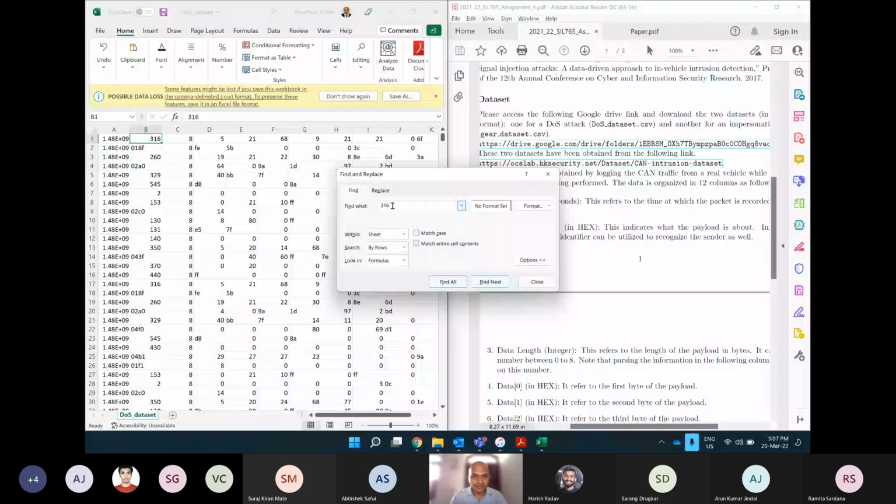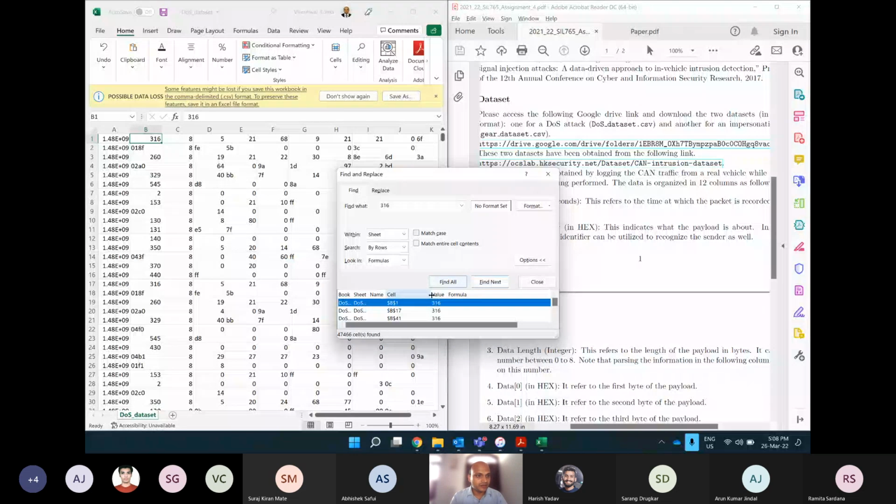Okay, so B1 has 316, then B17 has 316. If I go to B1, the time is 38942, B17 is 39956.